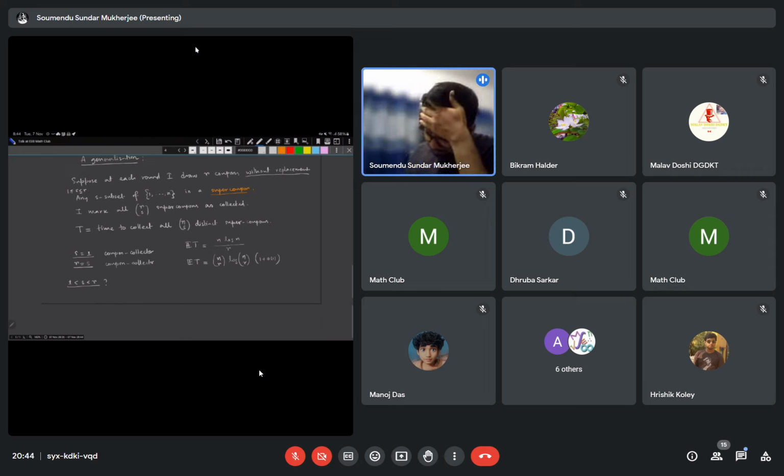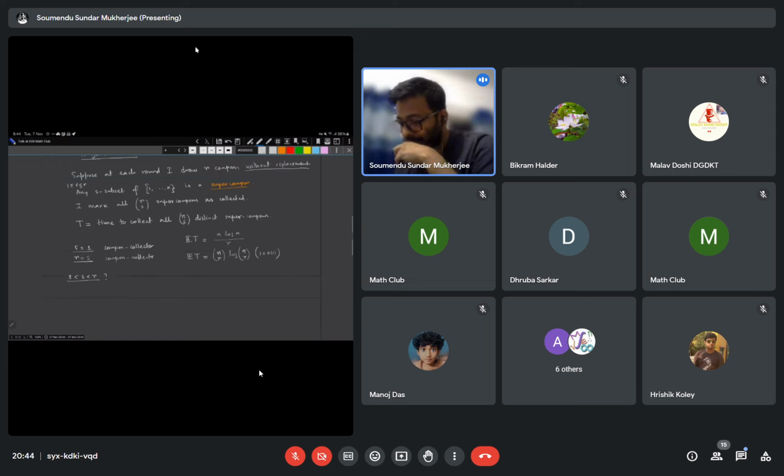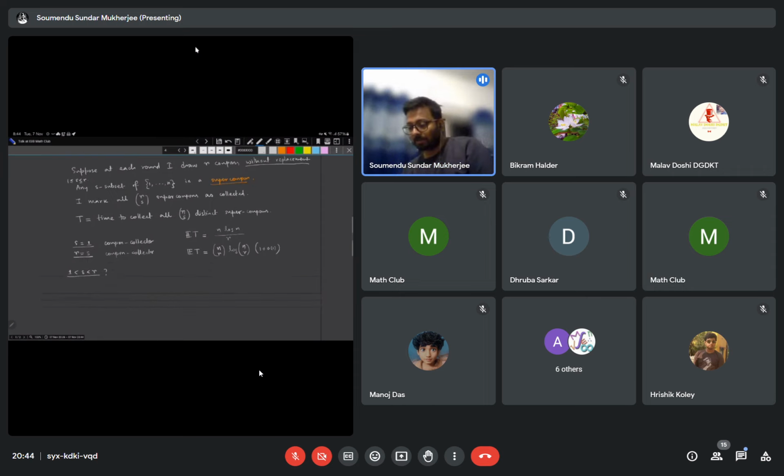Before going there, let us think about a simpler problem. The problem here is that at each round I am drawing R many coupons and marking all the S subsets of those R coupons as collected. So there is a constraint going on here. The R choose S many super coupons that I collect at each round form an R subset.